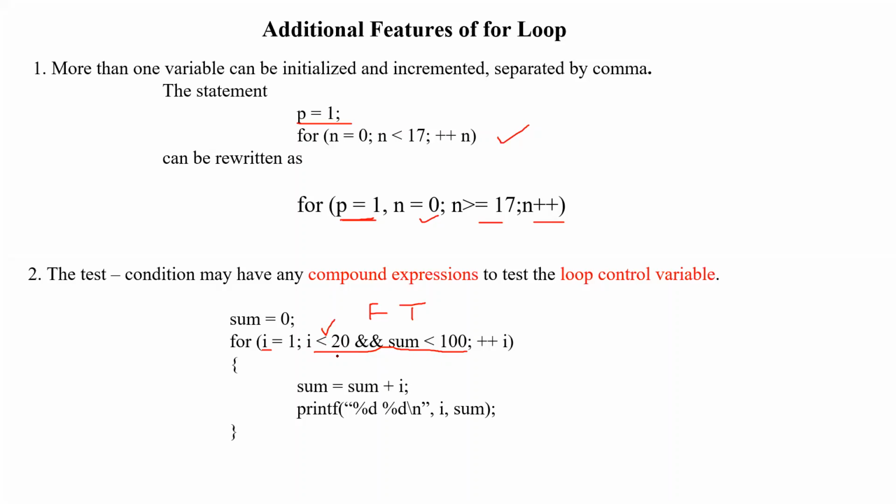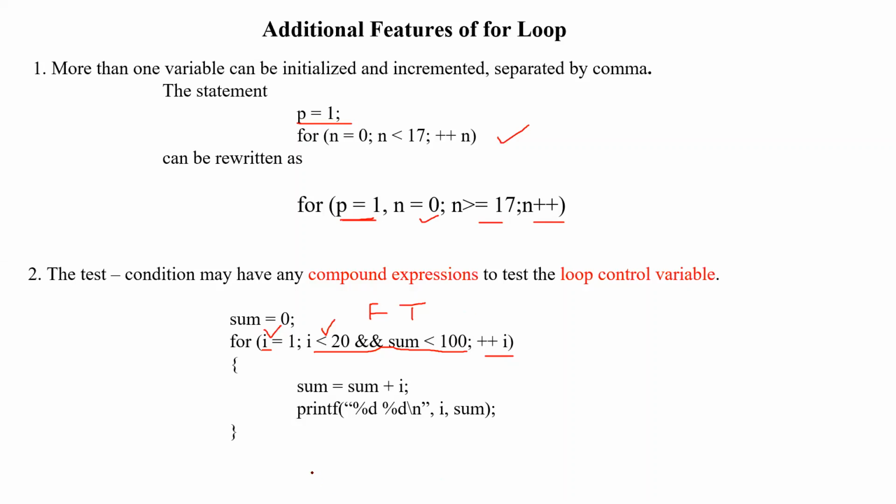If any one of these cases turns out to be false, then the testing condition will be returning false. Got it? So this is the testing condition, and the last one is the incrementation of the I variable, which is the control variable. I is the control variable. Don't make a mistake here. Sum is not the control variable. I itself is the control variable.